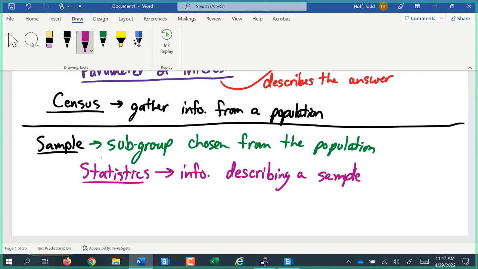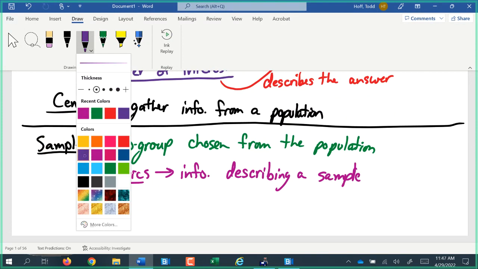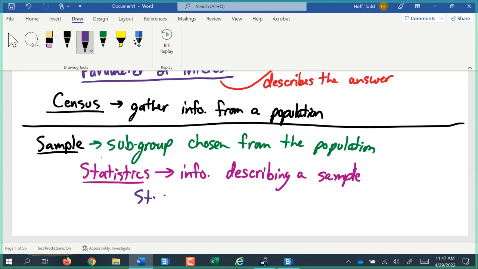Their age, their breakdown of gender, ethnicity, all of that. In this case, we only care about who they're going to vote for. So that's really just like we have a parameter of interest, we have a statistic of interest. It gives us the information that answers the question being asked.